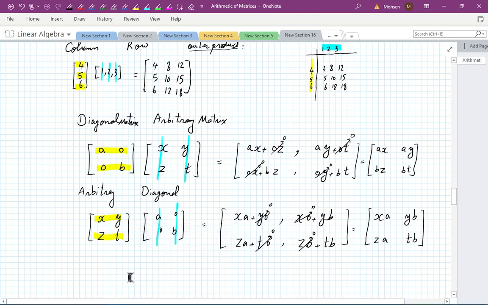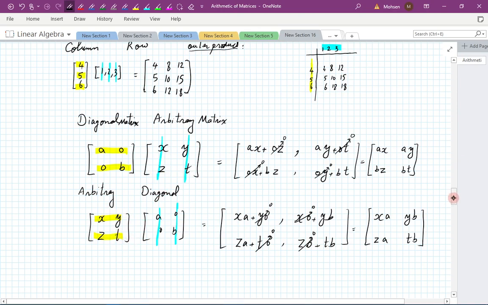How would you verbally describe how this multiplication worked out? So if the diagonal is on the right, what's happening? Each diagonal entry multiplies an entire column, AX and AZ, or XA, ZA, as opposed to here where each diagonal entry multiplies an entire row. So when the diagonal is on the left, you're influencing the rows, row by row. When the diagonal is on the right, you're influencing column by column.